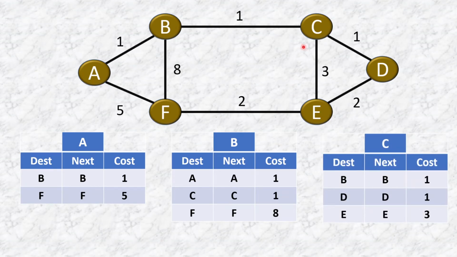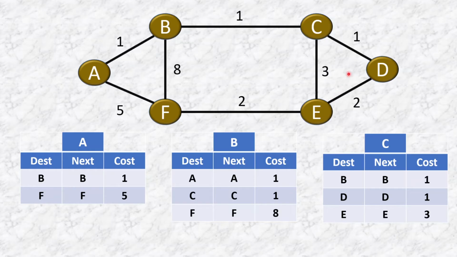Node C will calculate its routing table based on what it knows about its neighbors. Note that it's very important here that the Dijkstra algorithm spoke about the prior node. Here the question is always, who do we give this to next?